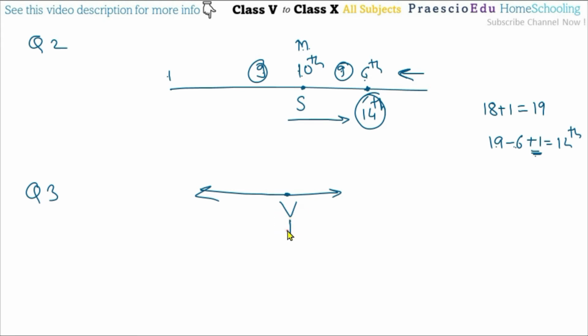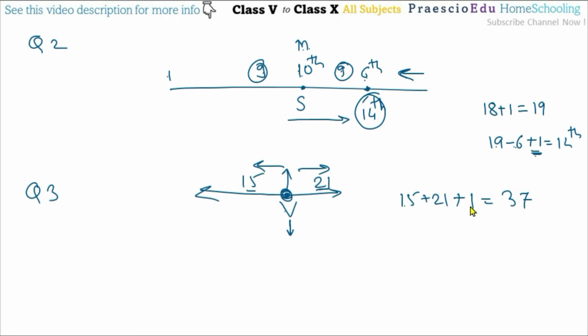We don't know exactly from where, but suppose we assume the right side has 15 and the other side 21. Virat's facing direction we don't know. So one side 15 and another side 21, plus Virat's own counting of 1. 15 plus 21 is 36, plus 1, 37 total boys.